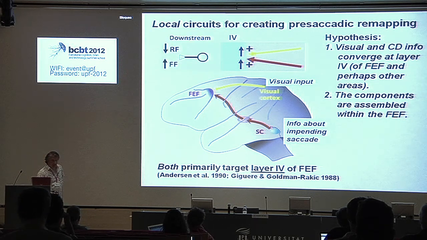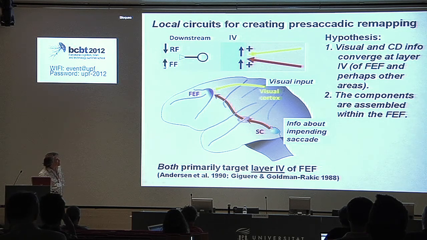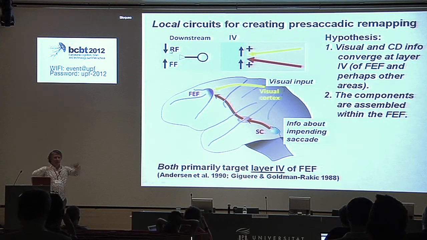But remapping is actually a bimodal process where future field activity goes up, but in many neurons, the receptive field activity goes down at the same time. So you have inhibition of the receptive field and excitation of the future field. How could this information coming in be translated through circuits in the frontal eye field into this sort of opposing activity at the receptive field and future field?